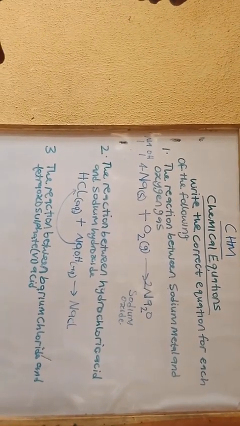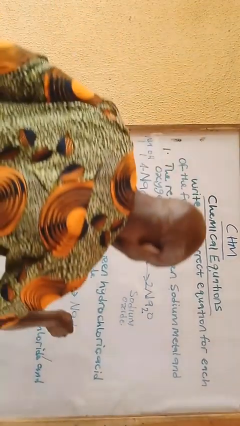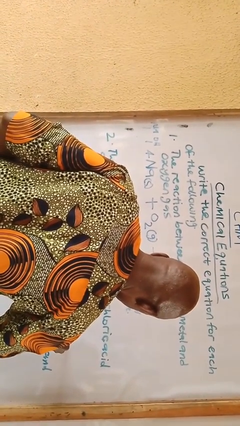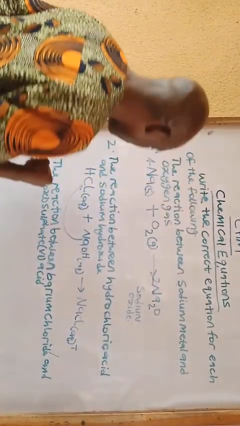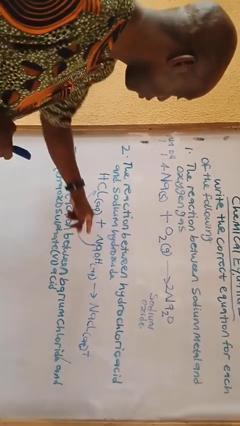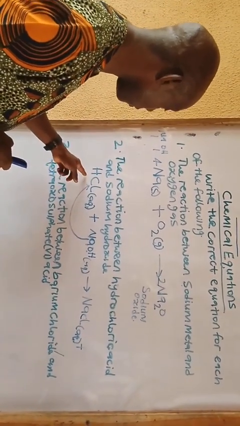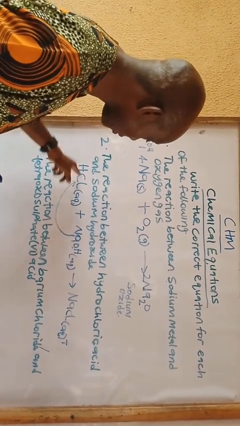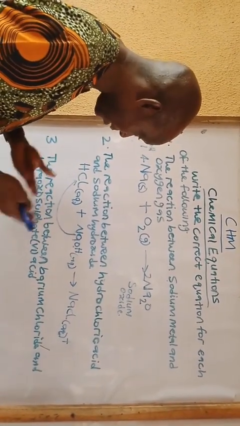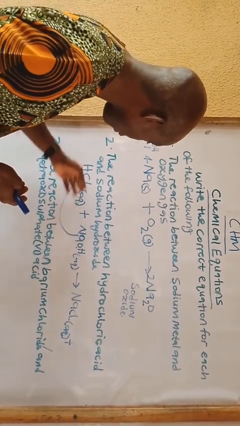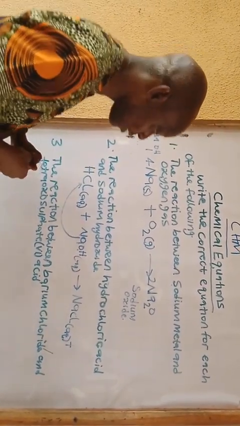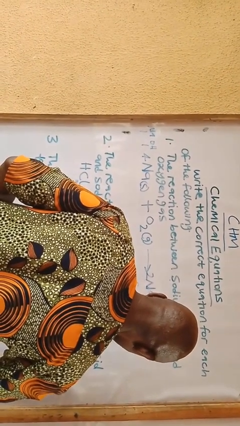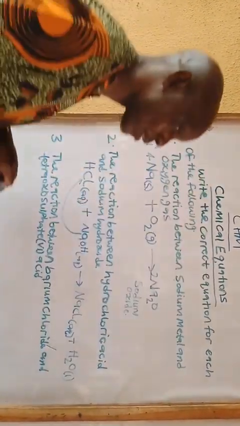So since sodium chloride is a salt, the state will also be aqueous. Then the last thing, look at what is remaining. Sodium is out, chlorine is out. What you have remaining on the reactant side is hydrogen and OH. And an intelligent student should know that when you have OH coming with hydrogen, water is going to come out. So the last thing will be H2O, which is in liquid state, water.